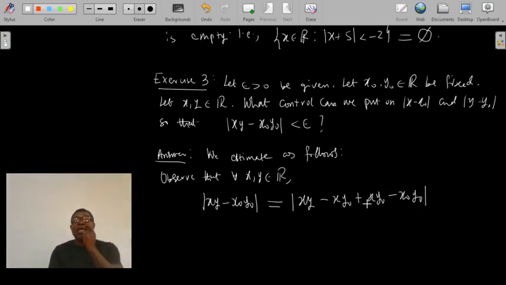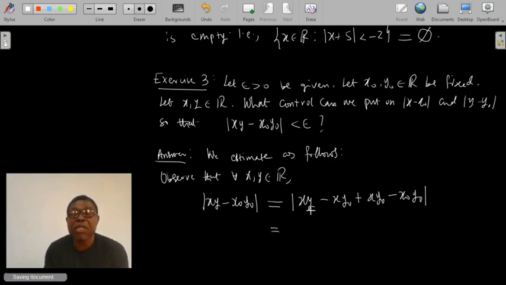You see, what I did was to remove x y naught and then add again x y naught, meaning that I have not distorted the initial expression, because this will still cancel out to give me back this. So this will give me absolute value of x into y minus y naught, then plus y naught into x minus x naught.